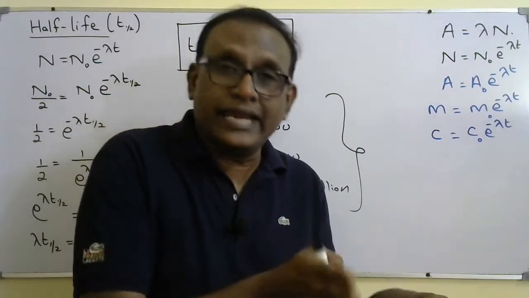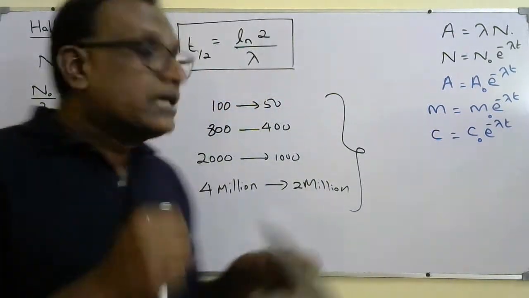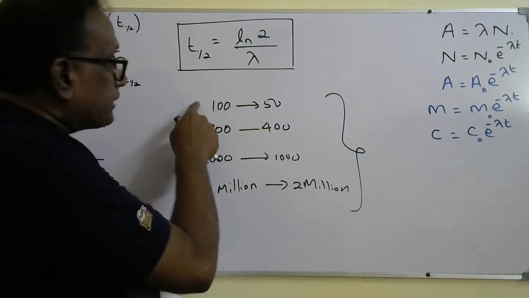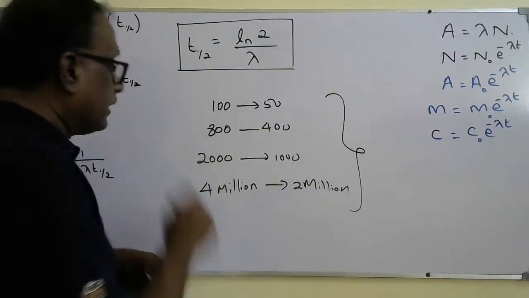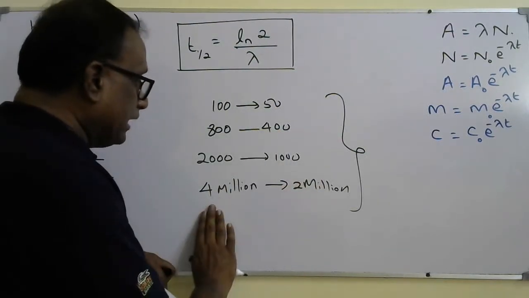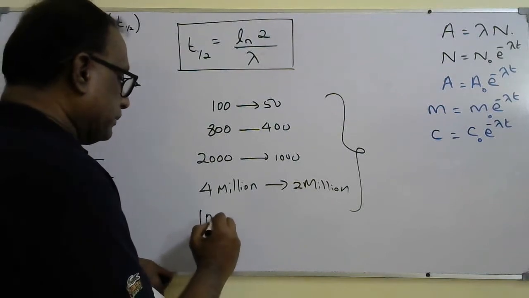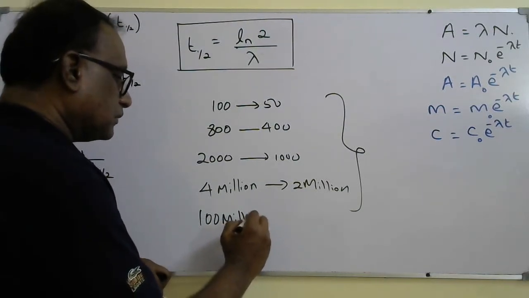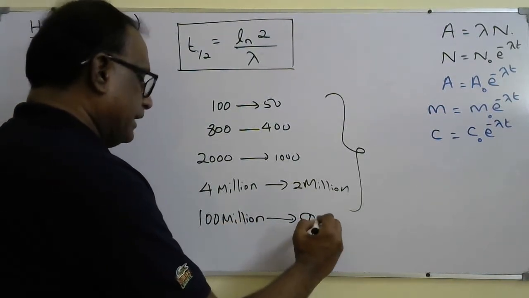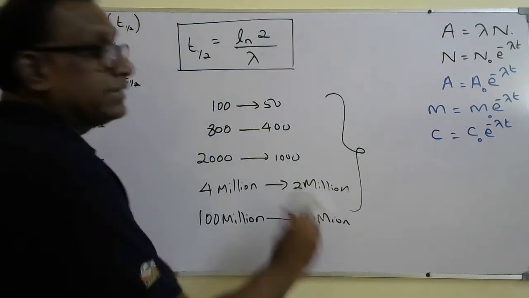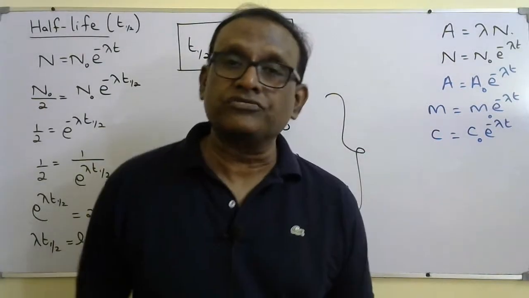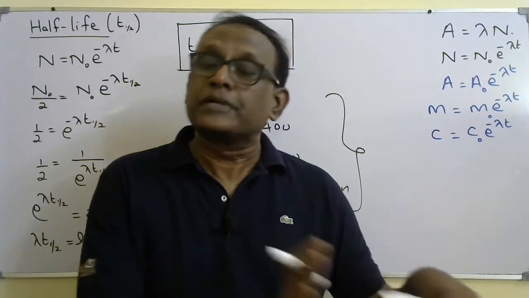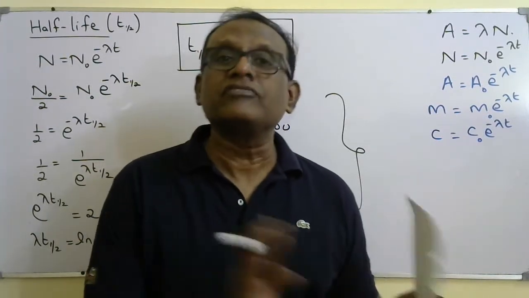Say for example radium, lambda is fixed. So the time taken for 100 to become 50, or 800 to become 400, or 2000 to become 1000, or 4 million to become 2 million, or 100 million to become 50 million, the time is the same regardless of the number of nuclei present in the sample to become half. That is the same.